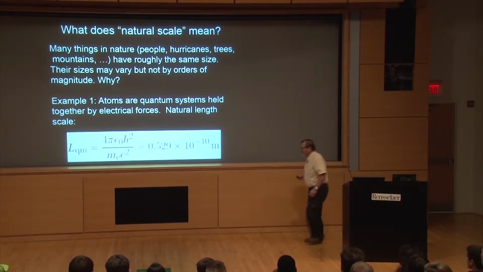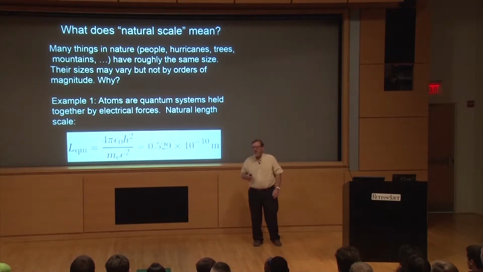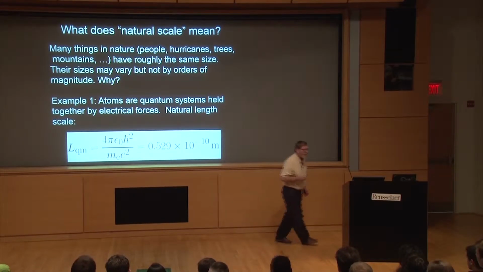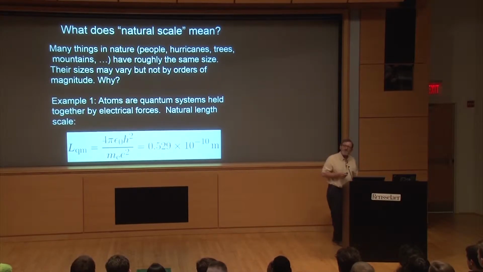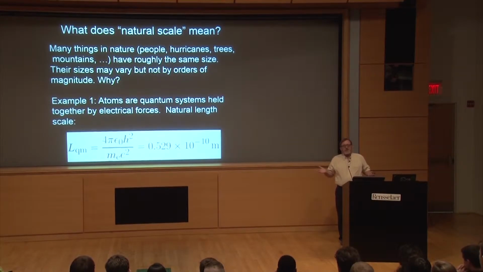So what do I mean by scale? We often work with populations of things that are not all the same. People, trees, mountains, what have you. But their linear dimensions, say, if we're talking about linear scales, size scales, don't vary by orders of magnitude, right? People are meters in height, give or take.